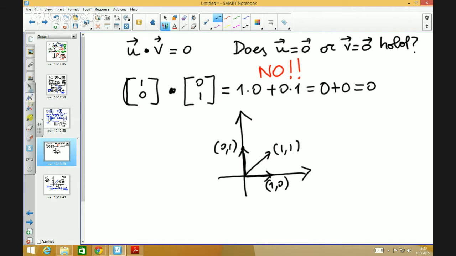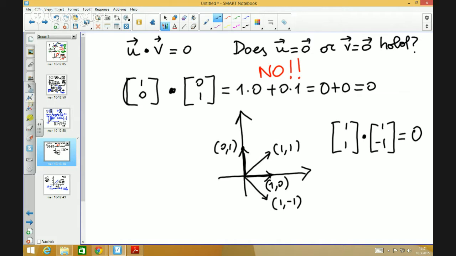And let's consider, say, this vector here. That's the vector (1, -1). What is the dot product of (1, 1) with (1, -1)? It's 1 times 1, which is 1, plus 1 times minus 1, which is minus 1. So 1 minus 1 is 0.